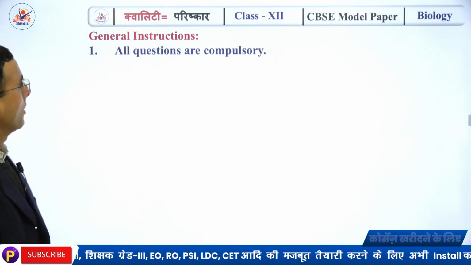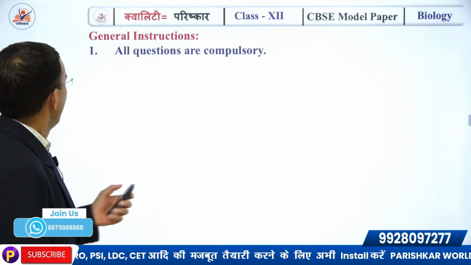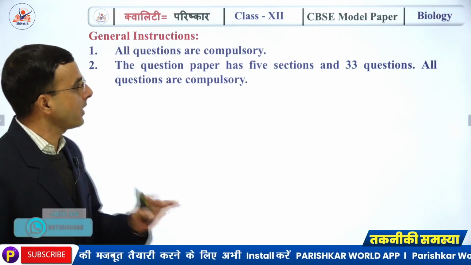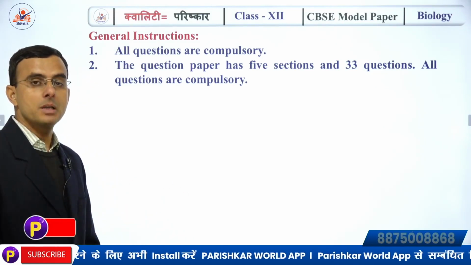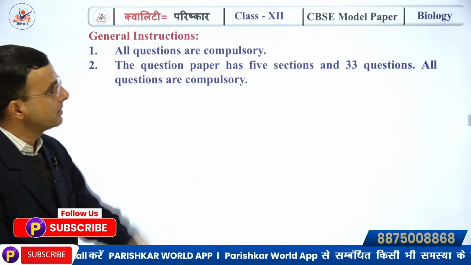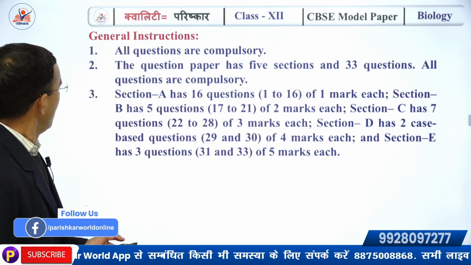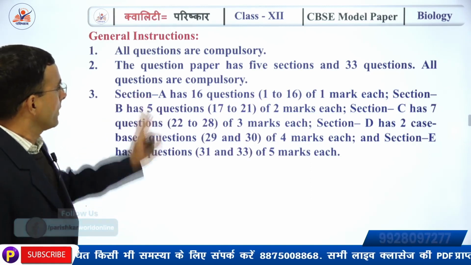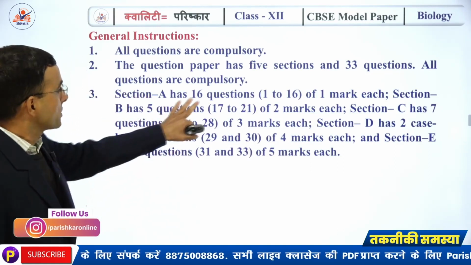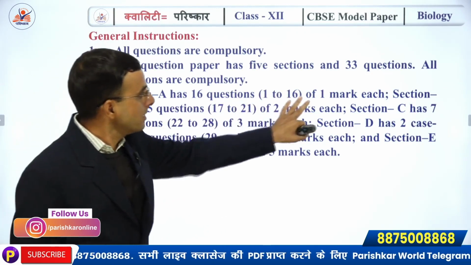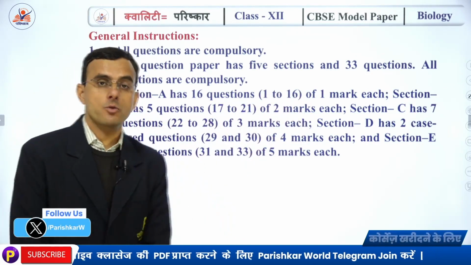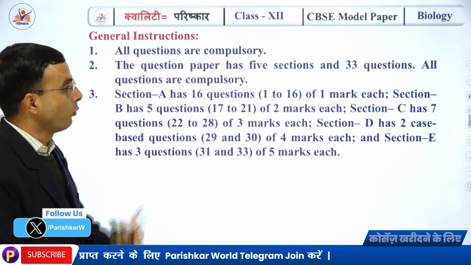So the first one is all questions are compulsory, and the question paper has 5 sections: A, B, C, D and E, and in these sections there are 33 questions. The first section contains 16 questions from 1 to 16, and each question carries 1 mark.